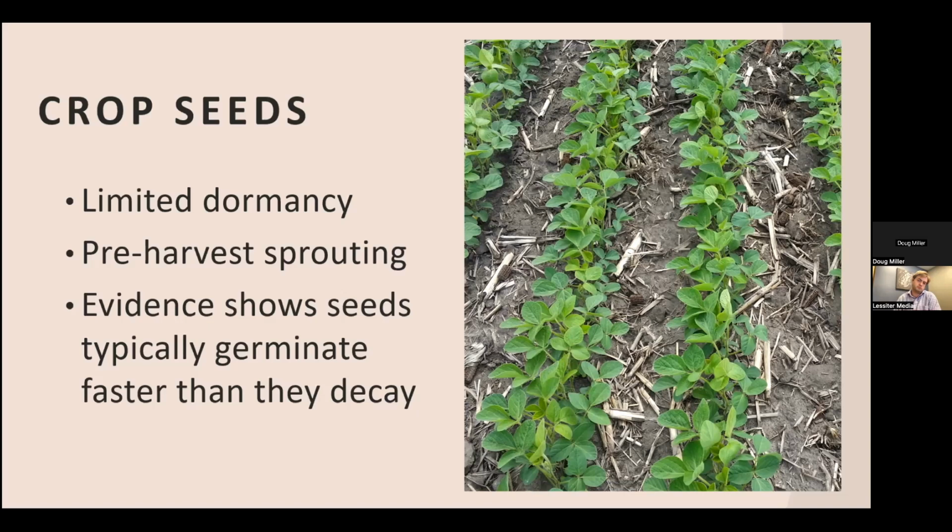But the bottom line is that based on the selection process, your decision of when to plant and the nature of those seeds, they're going to usually germinate way faster than they decay. And once they're germinated, then the decay organisms aren't going to affect them. Pathogens might get them, but not decay organisms.